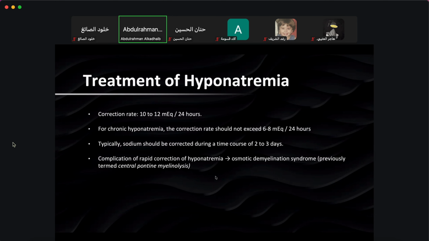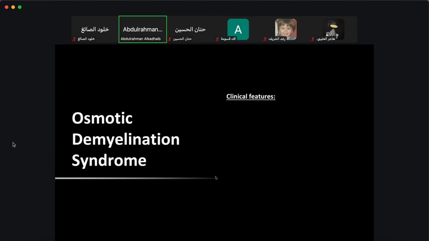So we should avoid the rapid correction of sodium in cases of hyponatremia because it may lead to this syndrome. Basically, it is caused by the large amount of sodium entering the brain, which will cause destruction of the myelin sheath and the neurons in the brain, which will cause severe neurological symptoms.